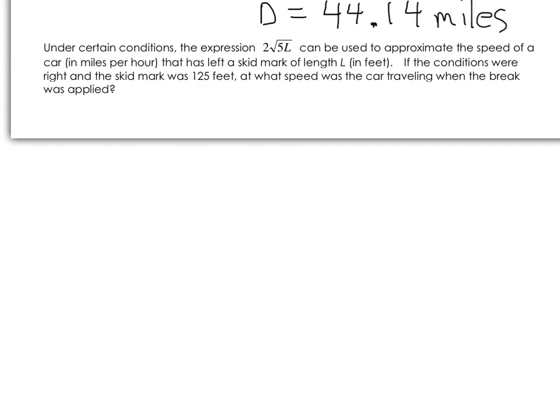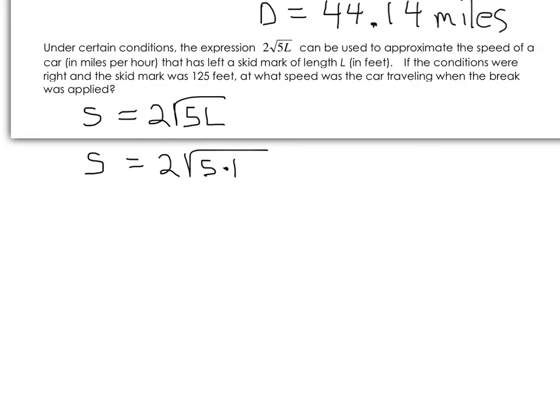So the speed in miles per hour can be approximated with 2 radical 5L, where L is the length of the skid mark in feet. So what's the speed when the skid was 125 feet?